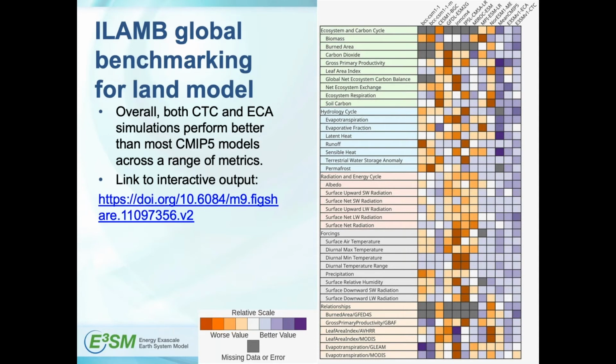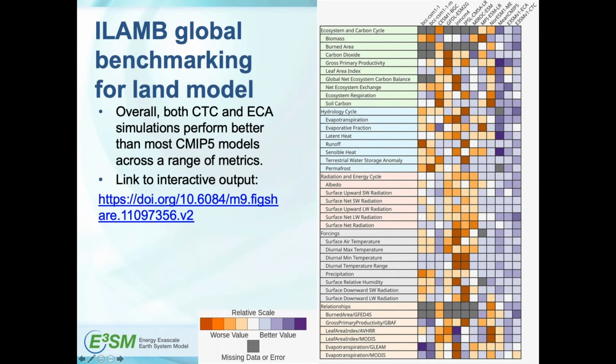And this tool evaluates land models across a suite of ecosystem and carbon cycle benchmarks, hydrology benchmarks, radiation and energy cycle benchmarks, and some forcing and relationships between different variables, benchmarks for those as well.